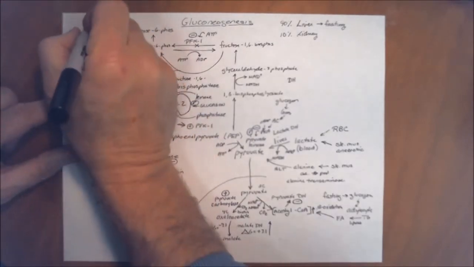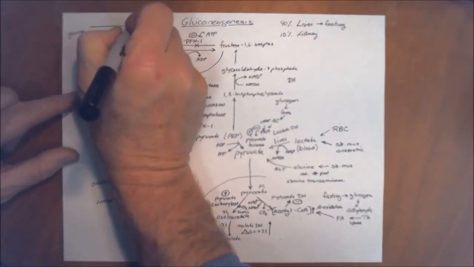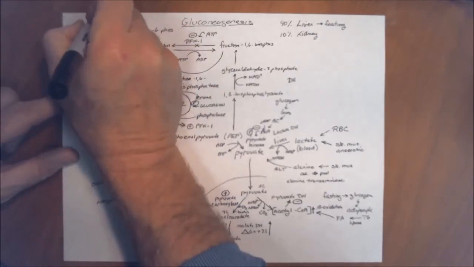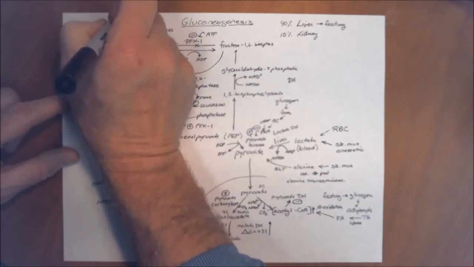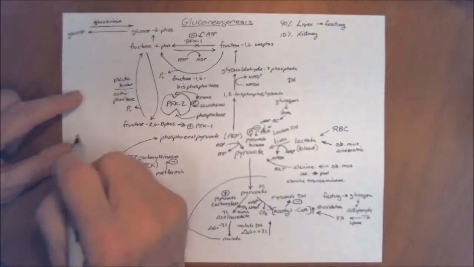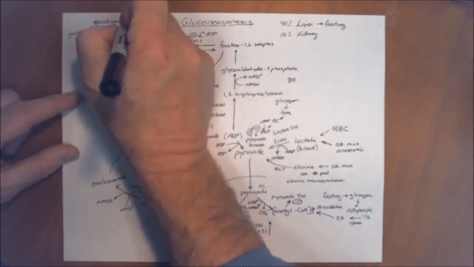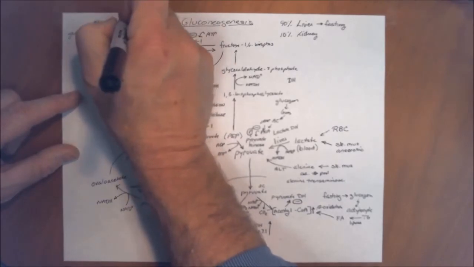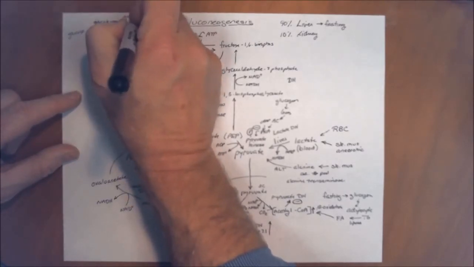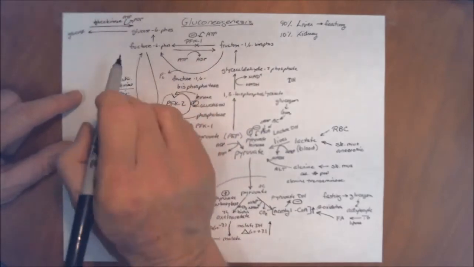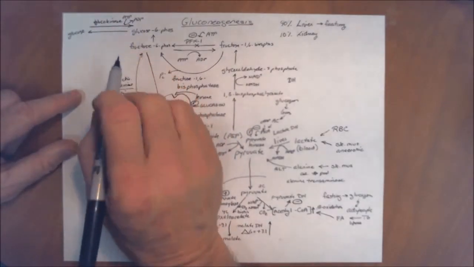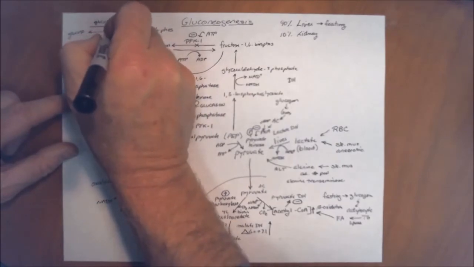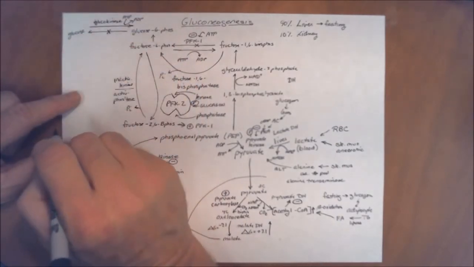Now recall, we have a glycolytic enzyme here that is called glucokinase. Glucokinase is responsible for phosphorylating glucose, so we are going to be using ATP here. And since we're using ATP, this is a high energy reaction and it is irreversible. So we cannot reverse glucokinase activity.